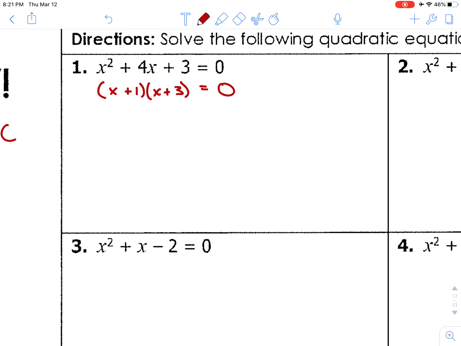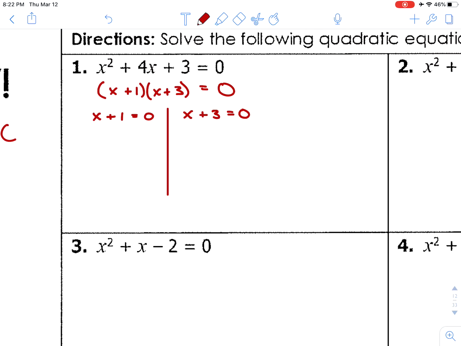Right? Think about it, if I were to FOIL this out, I would get x squared plus 3x plus x plus 3. And if I combine those like terms, I get my original polynomial here, x squared plus 4x plus 3. So at this point, now I can set each of my factors equal to 0, because I have this expression completely factored, right?